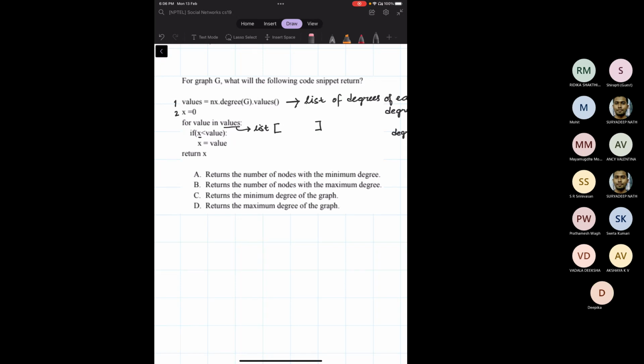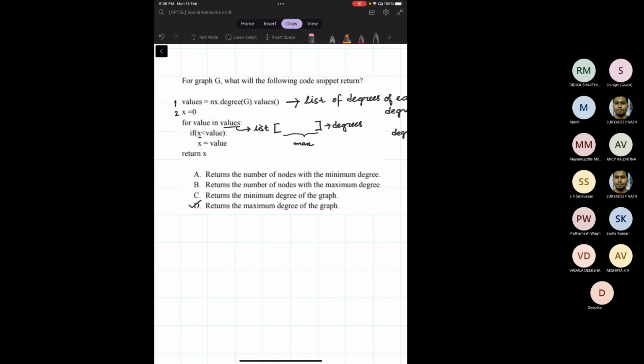So what this line does is basically select the maximum value from this list. And what does this list contain? It contains degrees. So basically, the right answer would be that it returns the maximum degree of the graph, because this list is storing the degrees of each of the nodes in the graph.